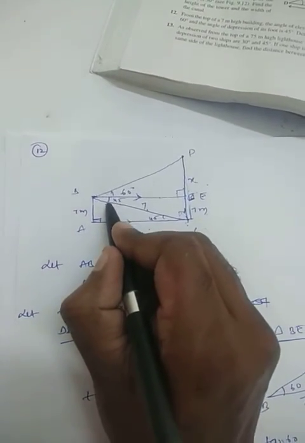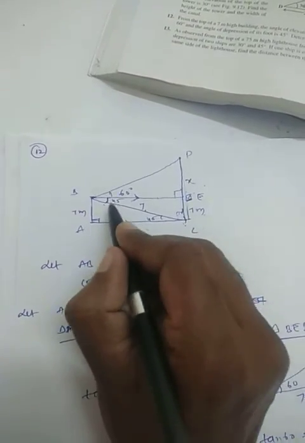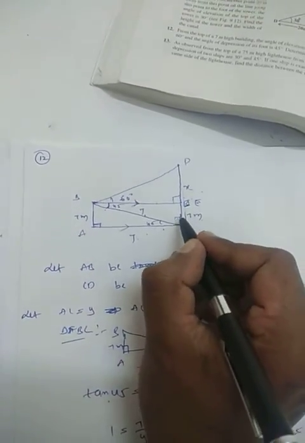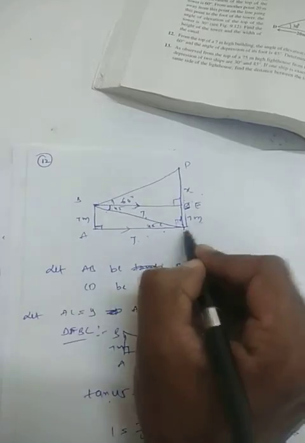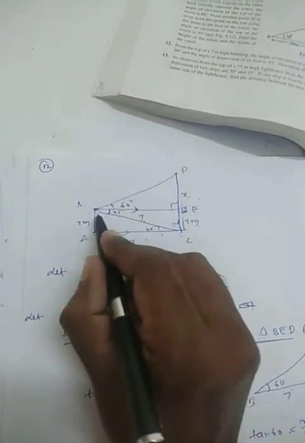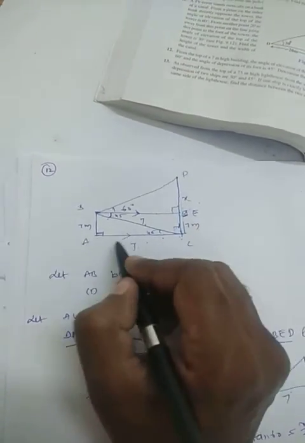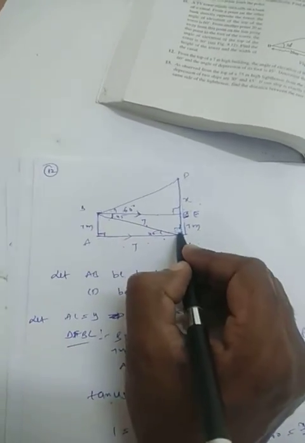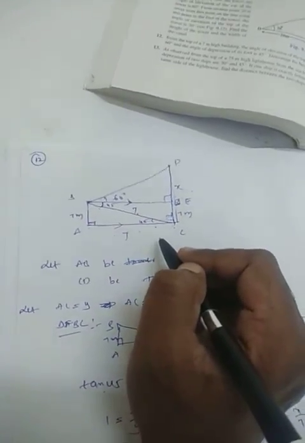So definitely this angle will be equal to that angle. And one more thing, this length will be equal. Obviously these two are perpendicular, and if these two are parallel, then this length and this length will be equal. This is the way we make use of the angle properties here.